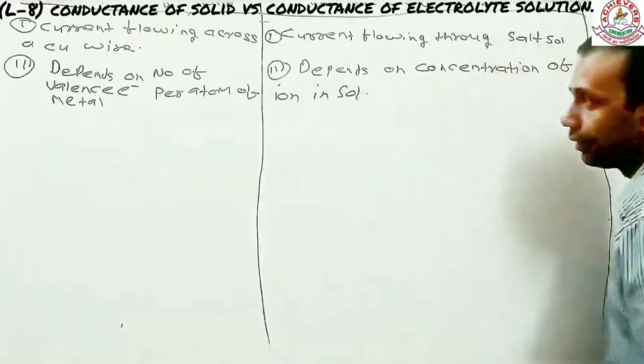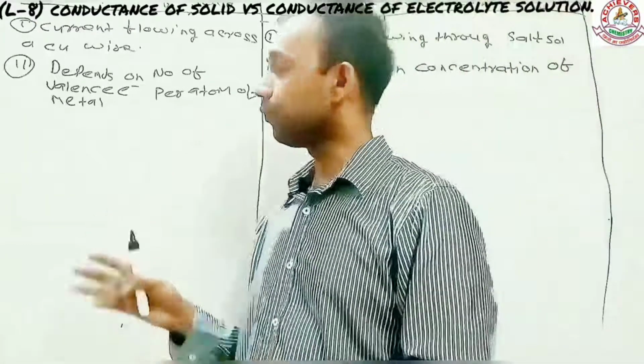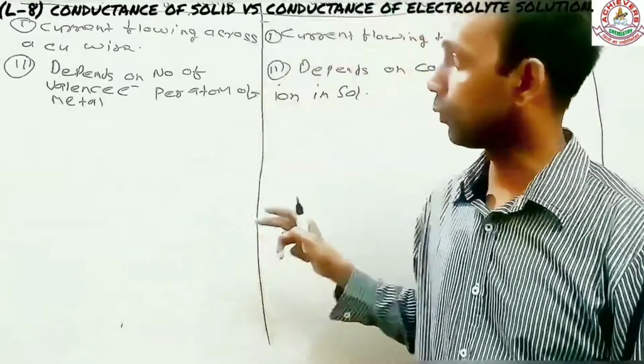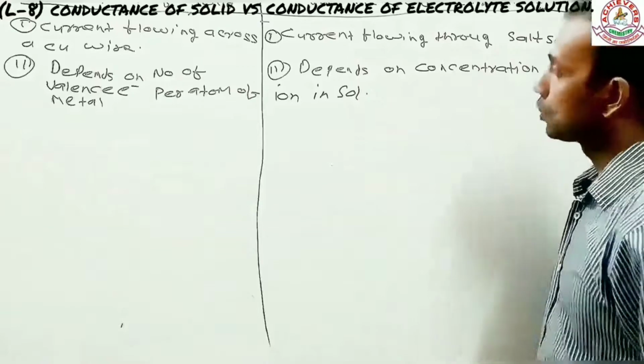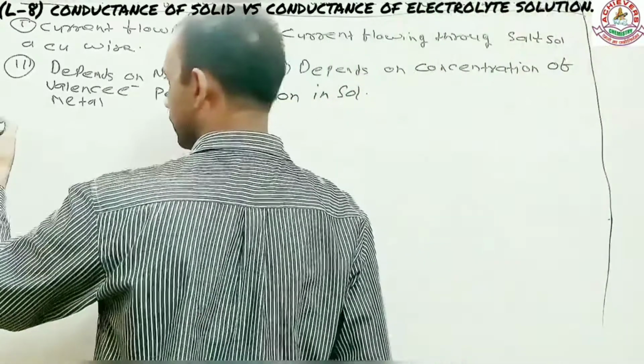There electron flow is responsible for flow of current, but there the ions flow, that is responsible for the conductance of electrolyte.